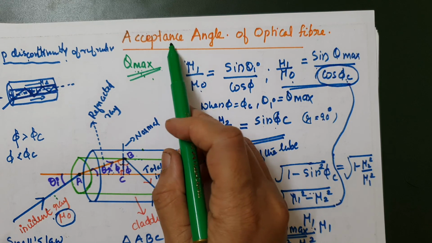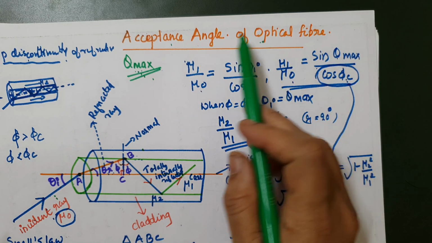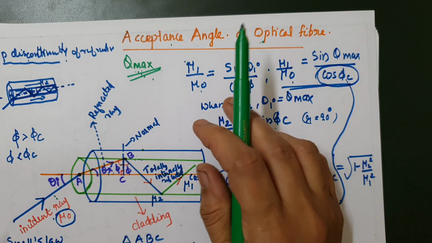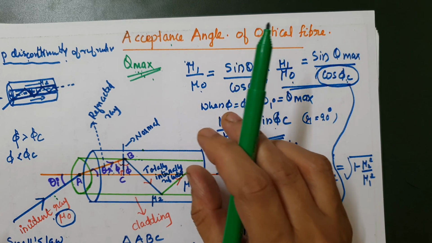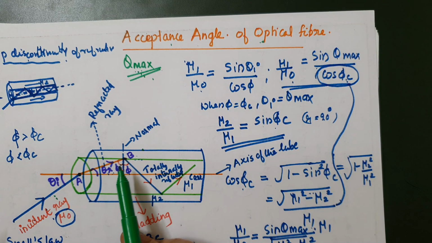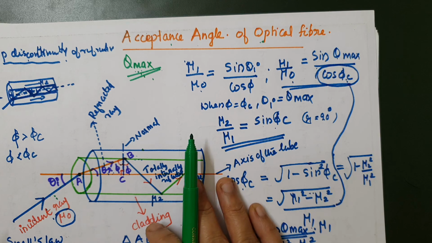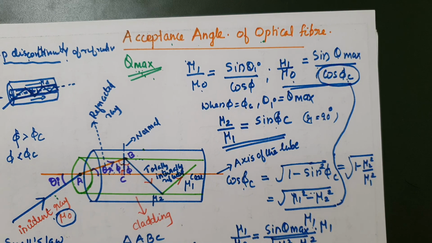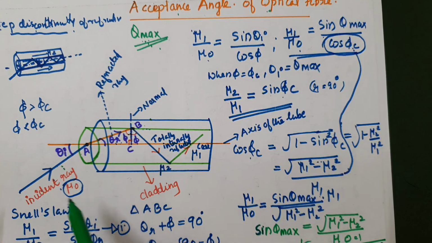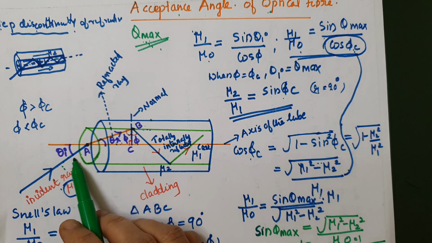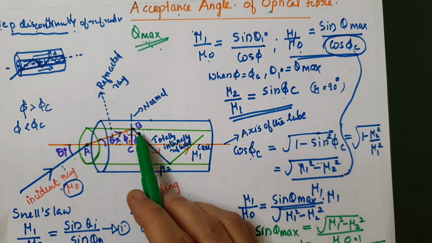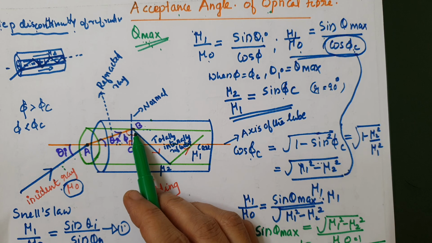Hence, the acceptance angle of an optical fiber is the maximum angle that a light ray can have relative to the axis of the fiber and propagate down through the fiber. Here we have considered the angle of incidence theta I and angle of refraction theta r, and the angle of incidence at the core-cladding region phi.